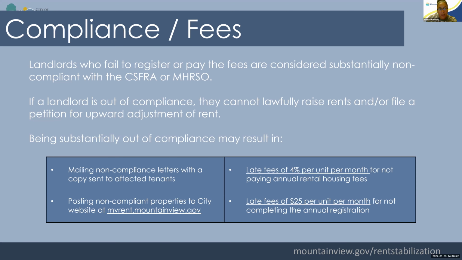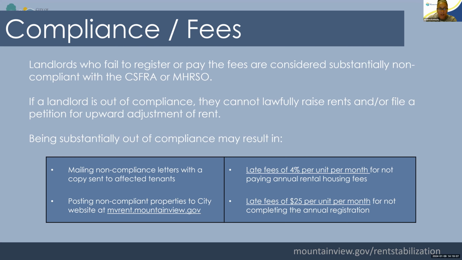Then if the issue is not corrected within 30 days, a second mailing can go out, and a copy of that letter will go to all the tenants so that they will be aware the property is out of compliance. And if they've received any rent increases during that time, it's potentially an unlawful rent increase.